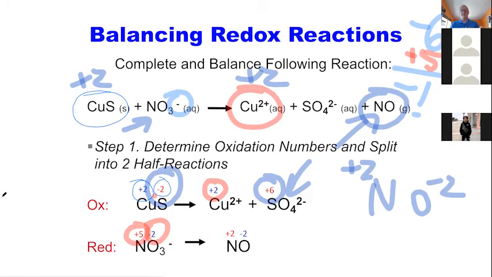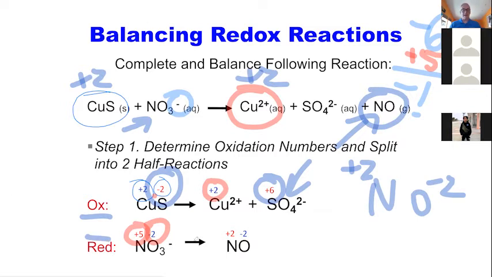And so its oxidation number has gone down. It has actually been reduced. With fewer oxygens bound to it, it's been reduced. It's gone from +5 to +2. So it has gained 3 electrons. So this is our oxidation reaction, and this is our reduction reaction.